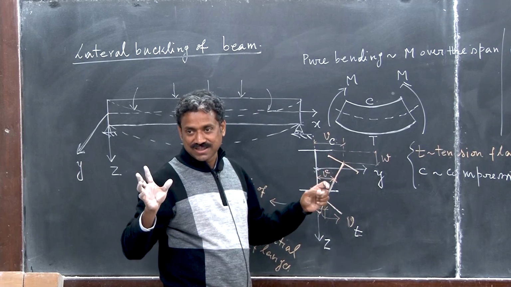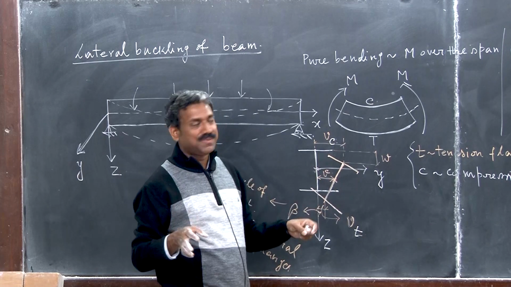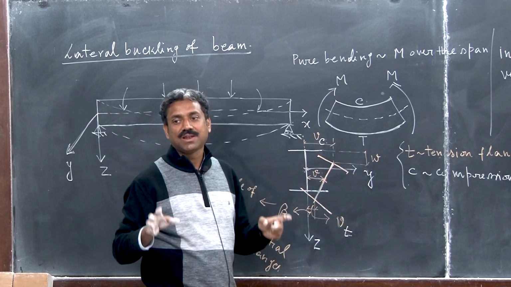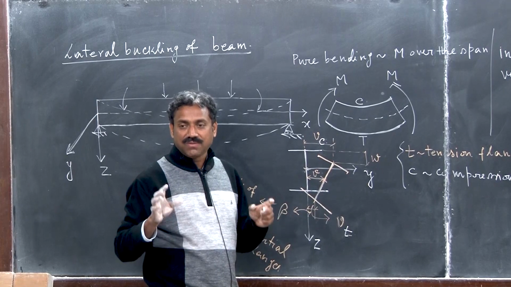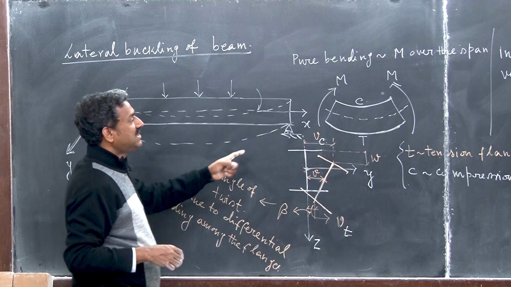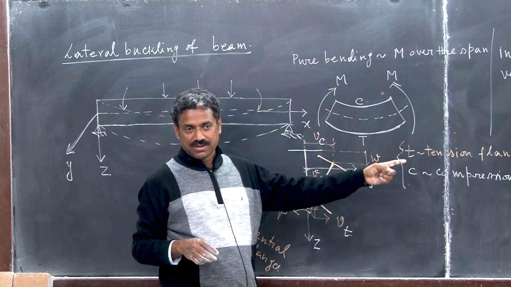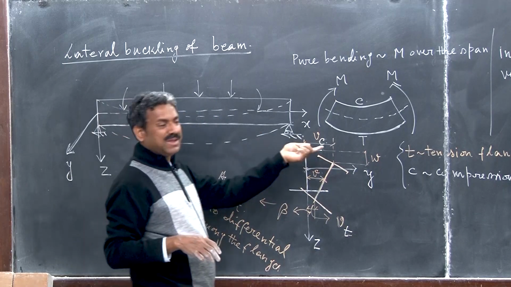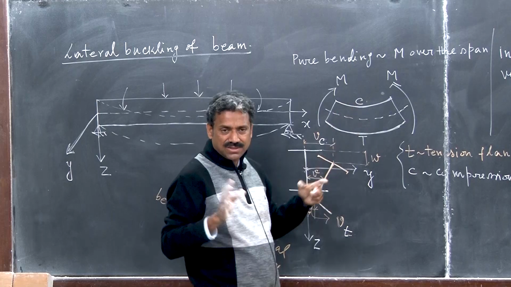Here we have a separate treatment for lateral buckling of beams, for lateral torsional buckling of columns, and for torsional flexural buckling of columns. Understand that? Good. So we consider that it is subjected to uniform moment. We can consider distributed load, and that's not a very big deal, but this is just for simplification.